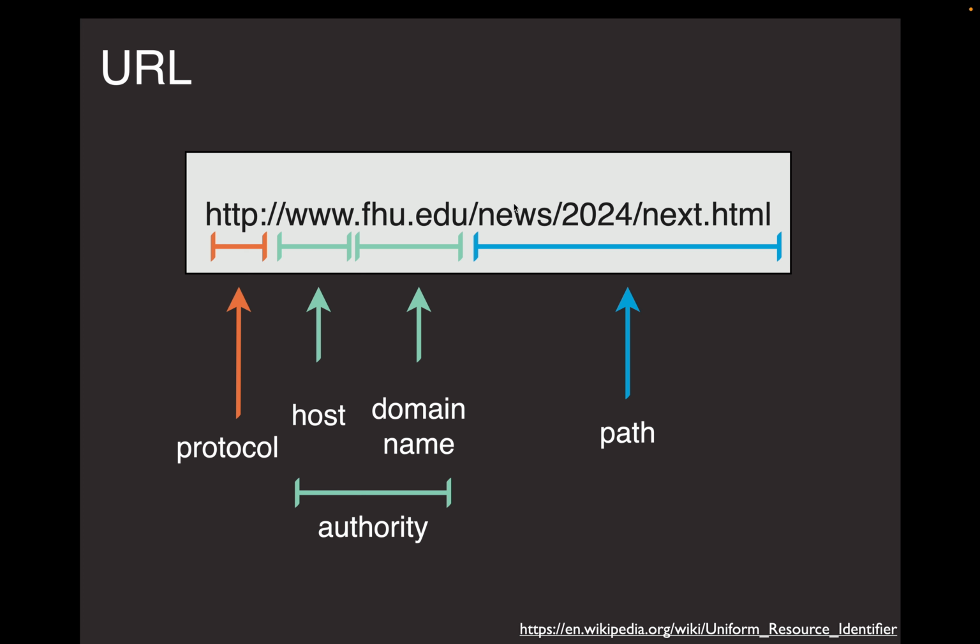So this says, just like on your computer, there's a news folder, and the news folder has a 2024 folder, and that 2024 folder has a next.html file, a file that's called next.html. And we're requesting that particular file from that folder, from the web server of the fhu.edu domain. That's what we're saying in this URL.